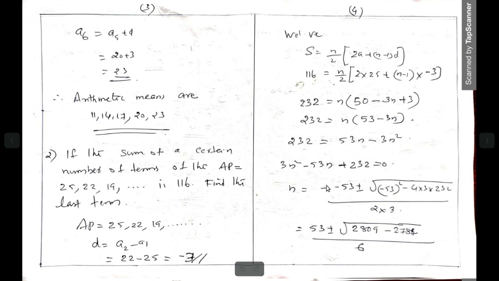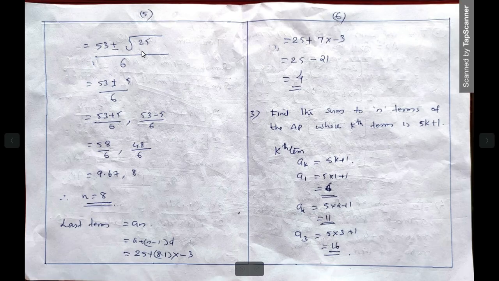And by using this formula, we will get n is equal to 9.67 and 8. But clearly, we know that n is a natural number. A natural number cannot be a decimal. So 9.67 cannot be taken. So the correct answer is 8. So n is equal to 8.